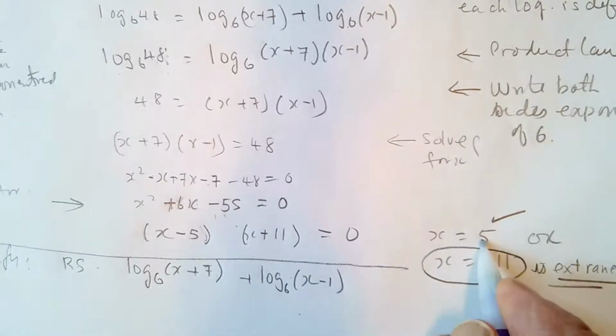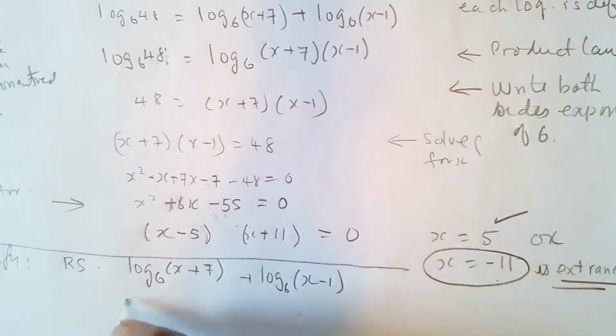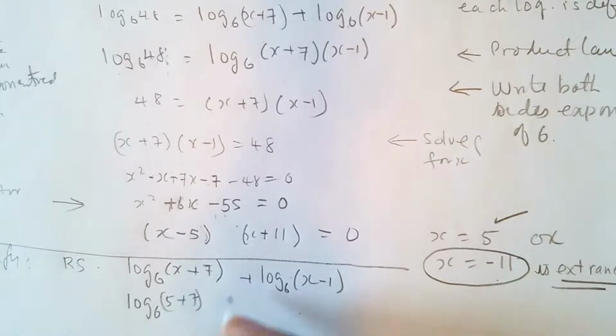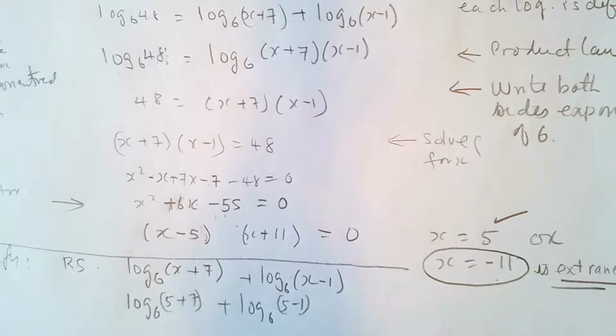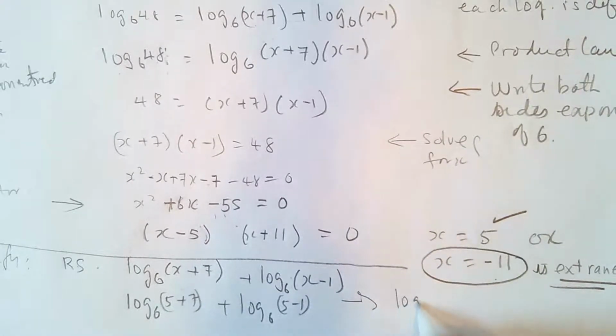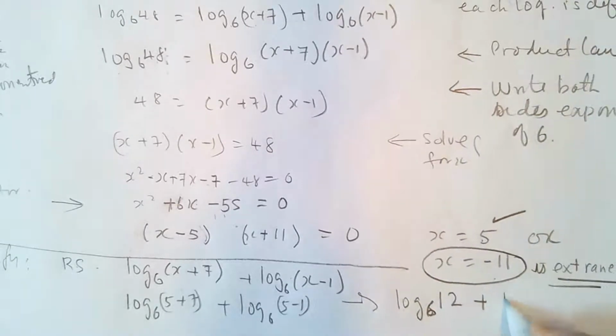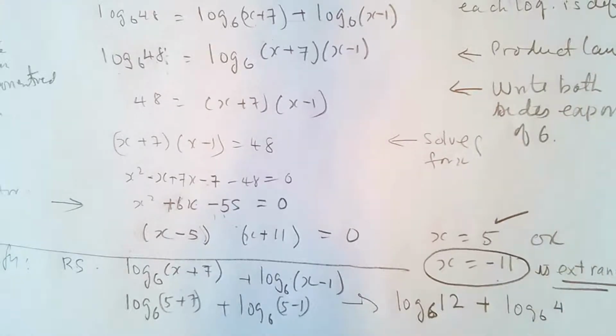So if x is equal to 5, we have log 6 of 5 plus 7 plus log of 5 minus 1. This will lead us to log 6 of 12 plus log 6 of 4.